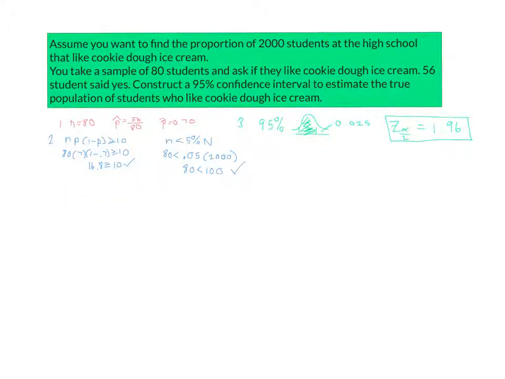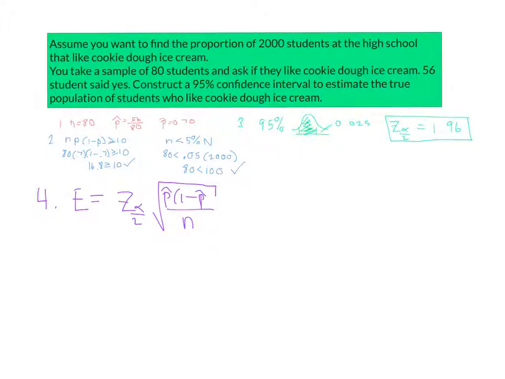Alright, so step 4 is calculating the margin of error. So remember, the margin of error formula is equal to z sub alpha over 2 times the square root of p hat times 1 minus p hat over n.